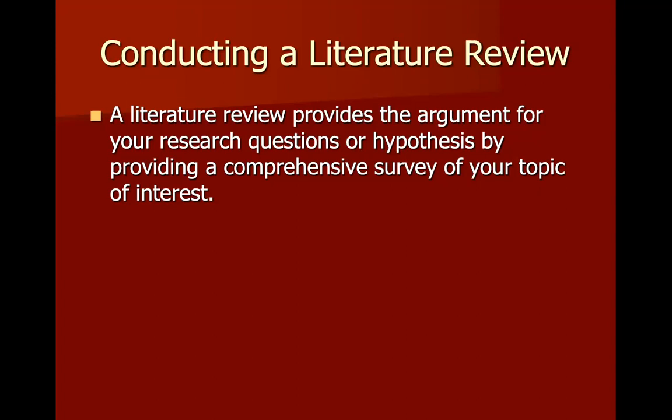So you have to prove that it's a worthy project. You have to prove that it's important. So the literature review, what that does is it shows you what's already been done, and then you can see what hasn't been done or what's been left out. Where are there contradictions in the different studies?